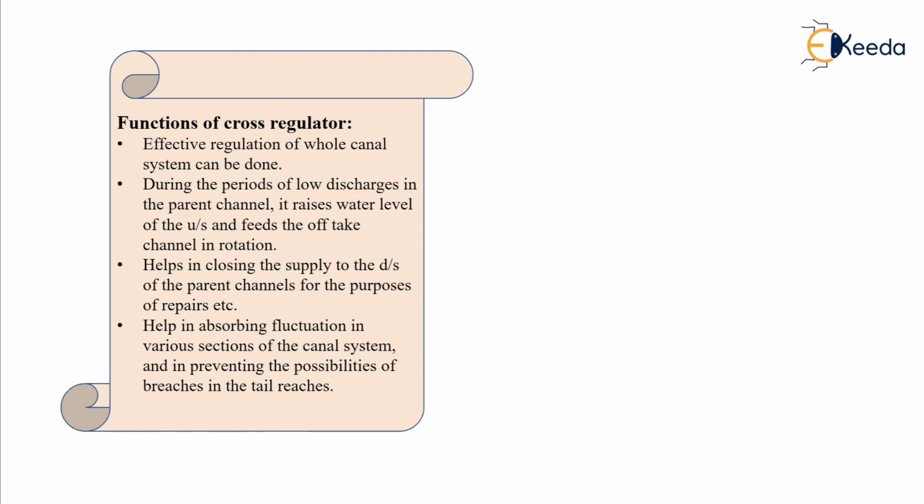Sometimes because of various losses, because of the deposition of silt, because of various conditions, the canal system may get damaged, the slope can be damaged or the base width can be damaged. So for this also, this regulator will definitely help to regulate or minimize those losses and conditions.